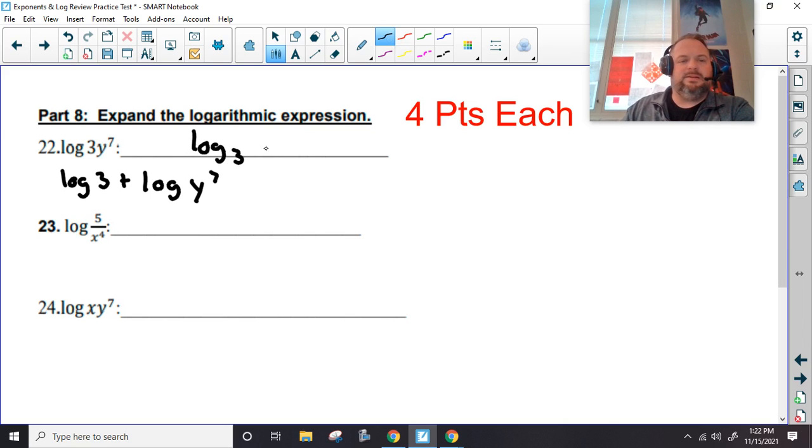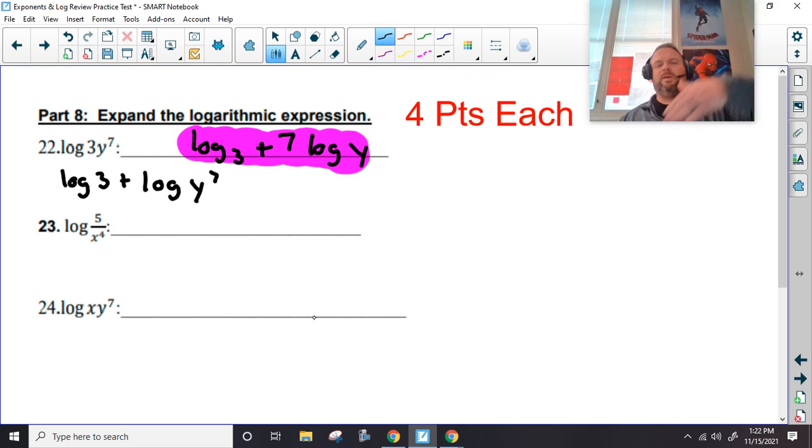So x plus 7 log y. Now, this is the answer, because you could take that 7th power and bring it down with the power rule.